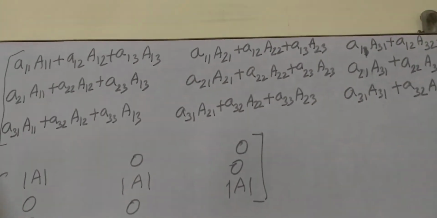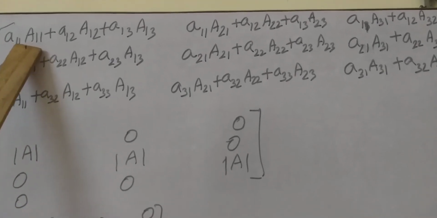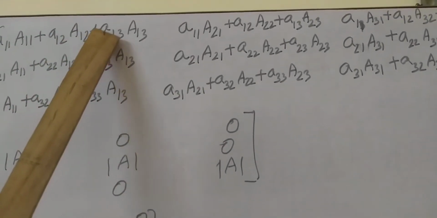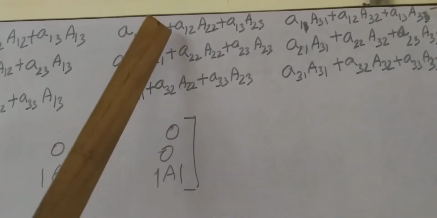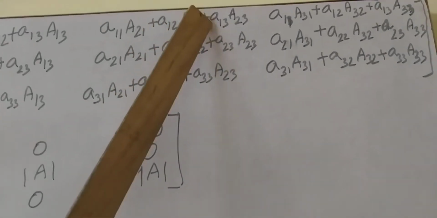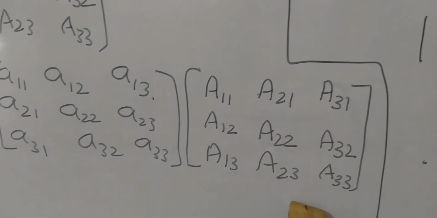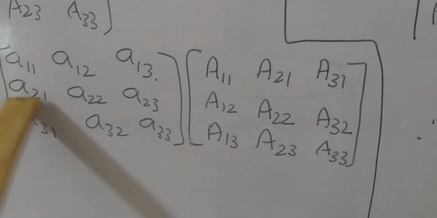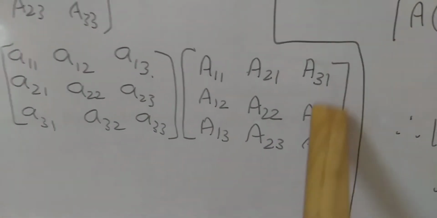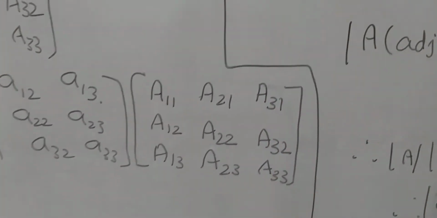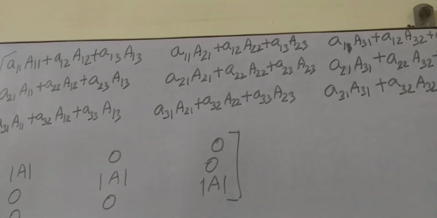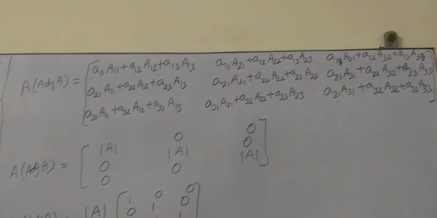A into adjoint A equals a11 A11 plus a12 A12 plus a13 A13, and a11 A21 plus a12 A22 plus a13 A23. Similarly, students, we have to multiply first row by third column, then second row by first, second and third columns, then third row by first, second and third columns. Then you can get this. Okay, students.